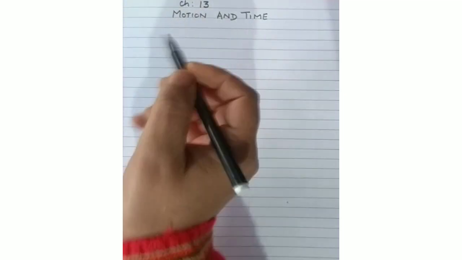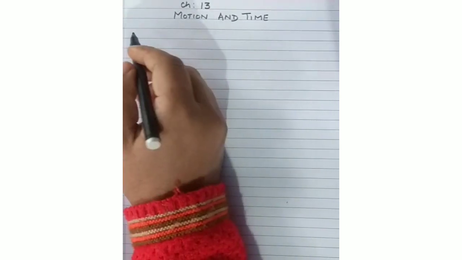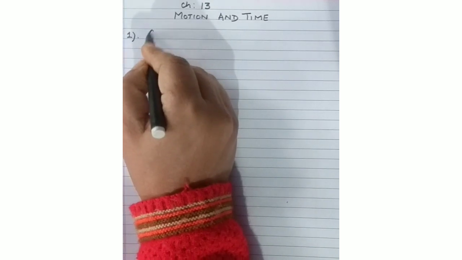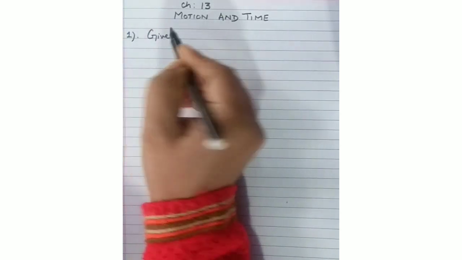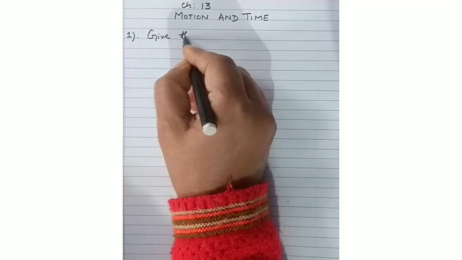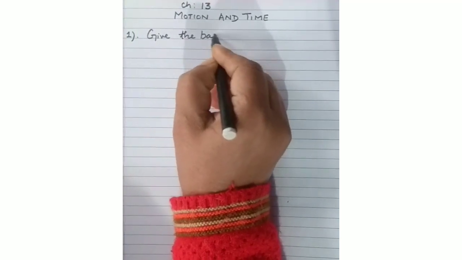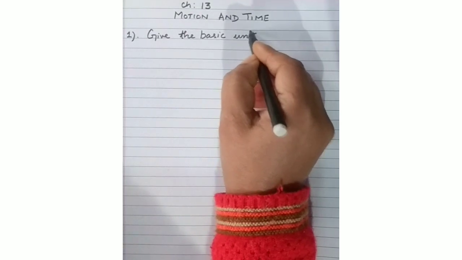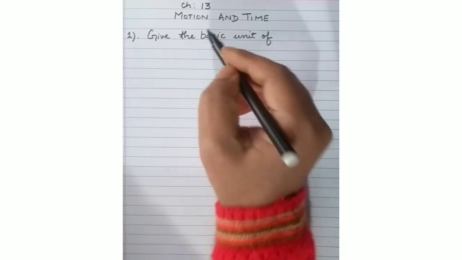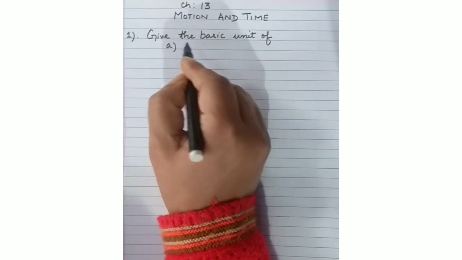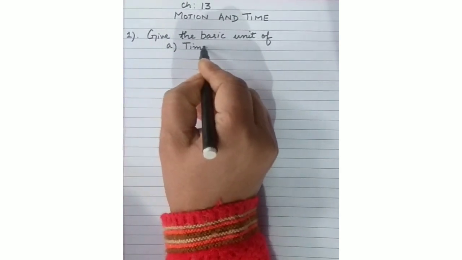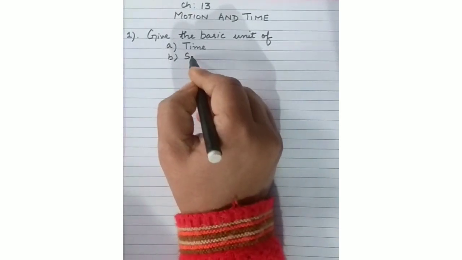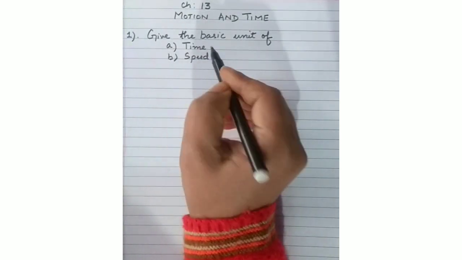Now your first question of this worksheet is, give the basic unit of A part time and B part is speed.